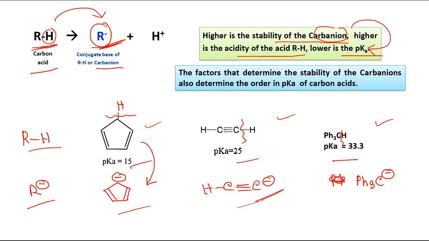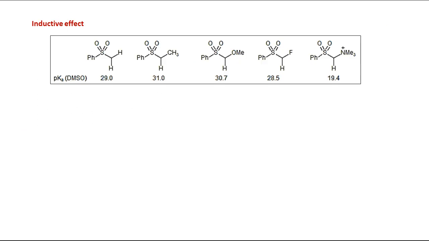So the R minus stability for these three species is: the first one maximum, the second intermediate, and finally the lowest stability for Ph3C minus. So if we know the pKa values, we can directly find the order of stability of the carbanions.